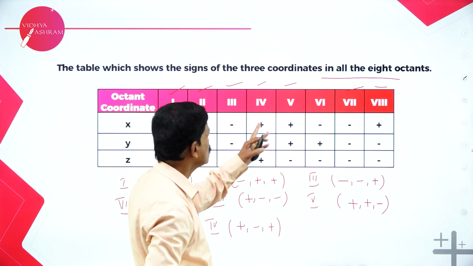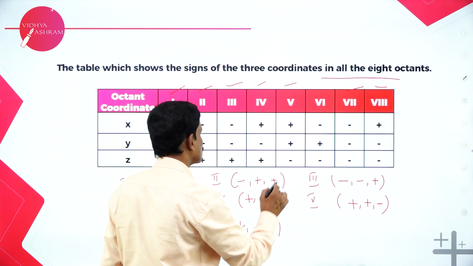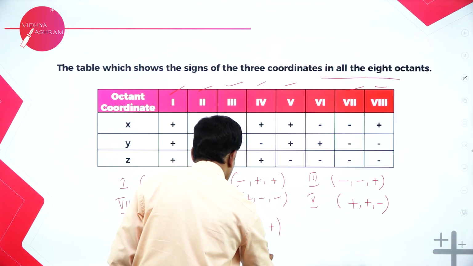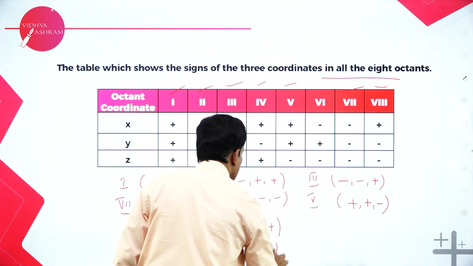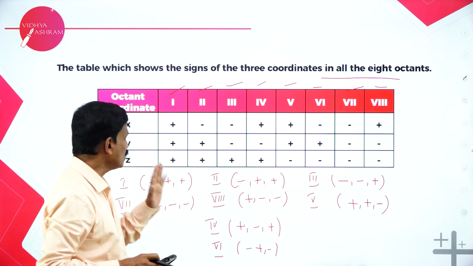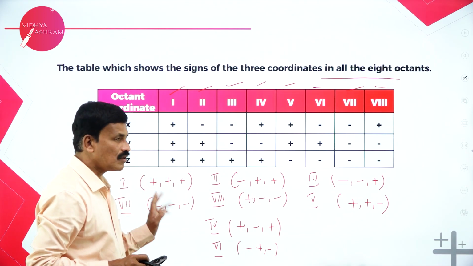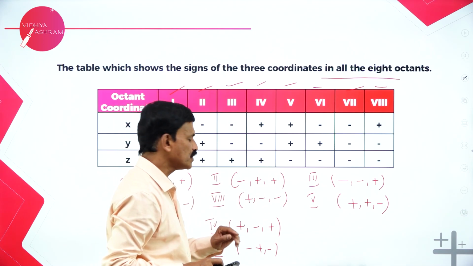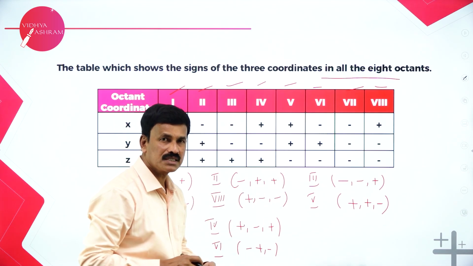This is quite opposite to the 6th, which is negative, positive and negative. So, these two are related. To remember: first and 7th are opposite, second and 8th opposite, third and 5th, and the last one is 4th and 6th.